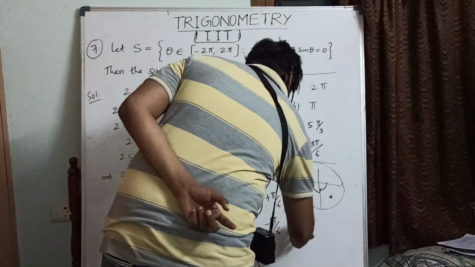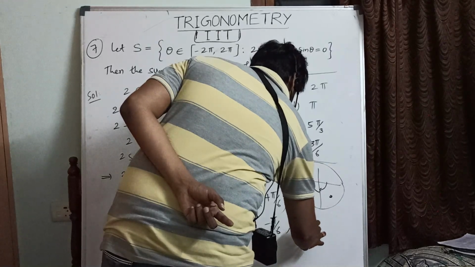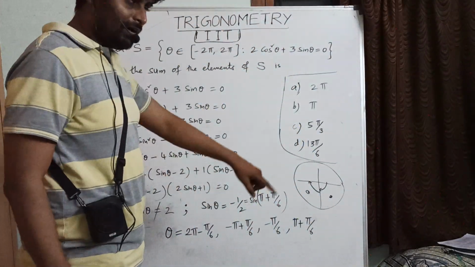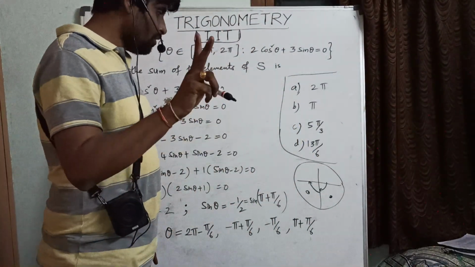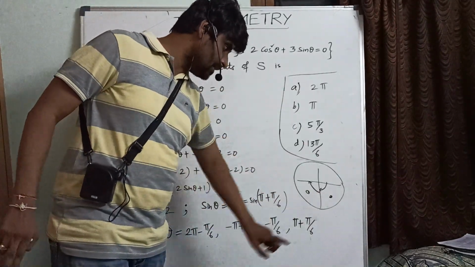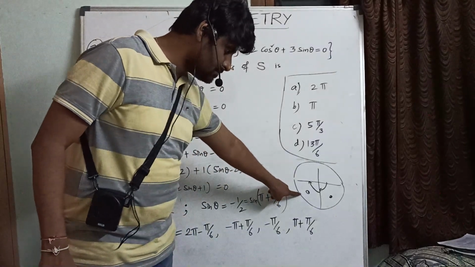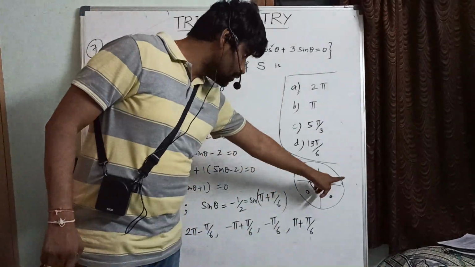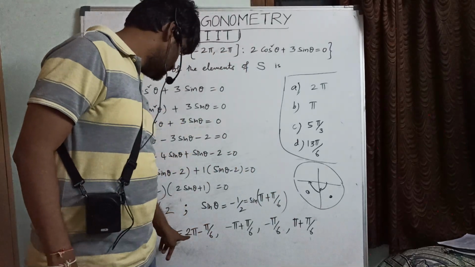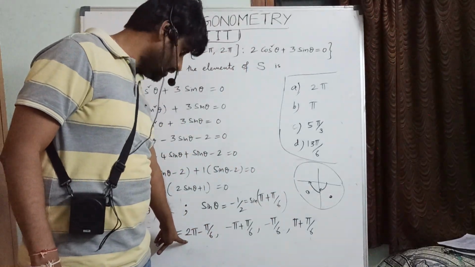Pi plus pi by 6. In one rotation 2 pi, two quadrants we can take, this one and this one. So what will these be? Pi plus pi by 6, third quadrant; 2 pi minus pi by 6, fourth quadrant.